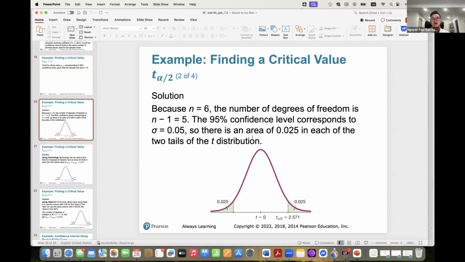So there is an area of 0.025 in each of the two tails of the t distribution, correct? Because 5% for the two tails divided by 2 gives 2.5% each. That means 0.025 in each of the two tails.